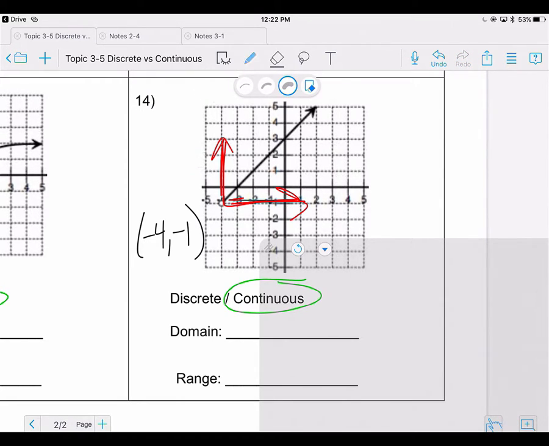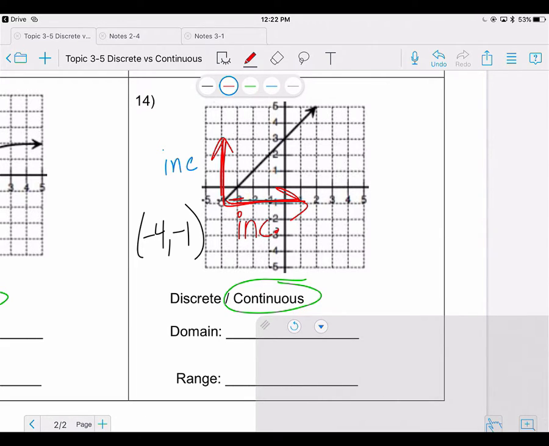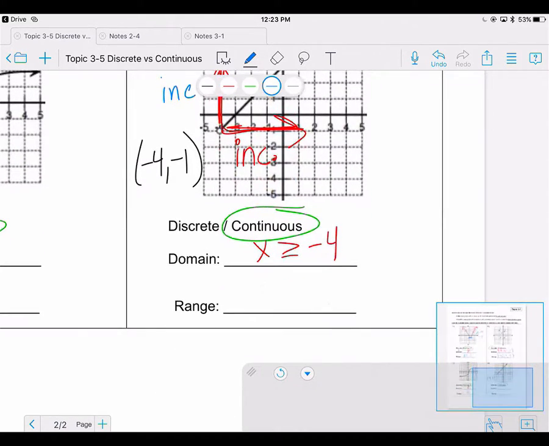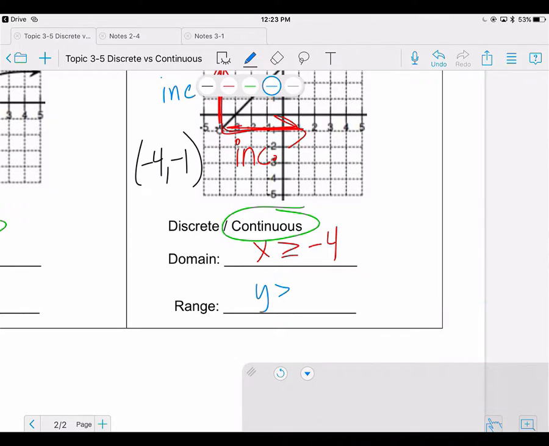And my x's, as they move to the right, are also increasing. So both of these would be greater than. So my x is going to be getting bigger than or equal to -4, and my y's are going to be getting bigger than or equal to -1.